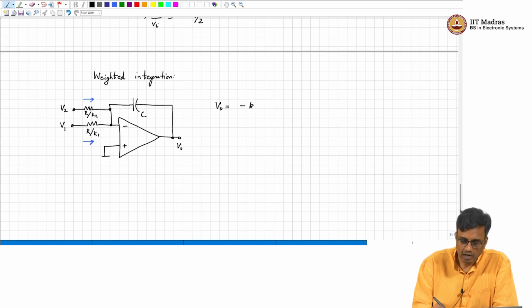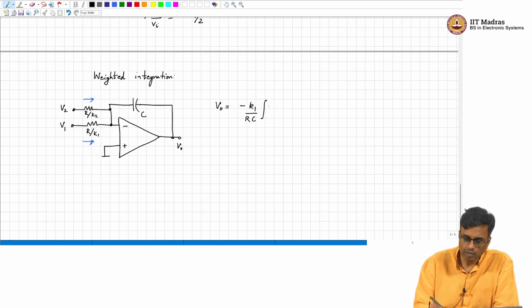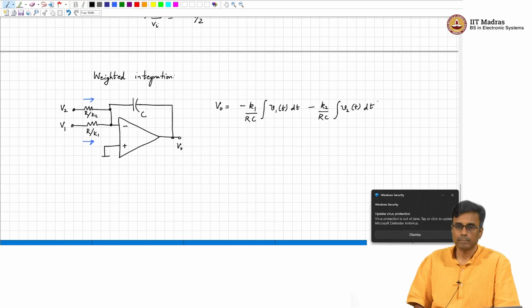Minus K1 by RC integral of V1 of t dt, minus K2 by RC integral V2 of t dt.